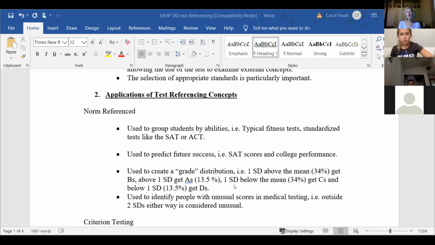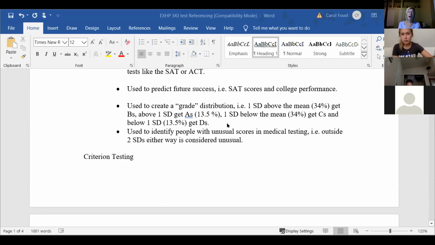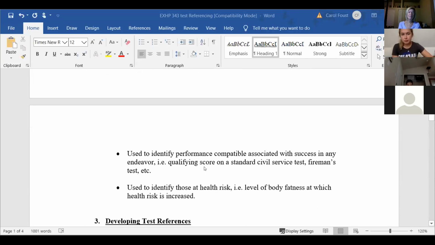Okay, so it gives you an idea about the distribution. This also happens a lot with medical testing, with psychological testing, and with placing people for classes intellectually. It helps with determining if people are best fit for certain jobs. So we use this kind of referencing a lot, and how people fall in the distribution.